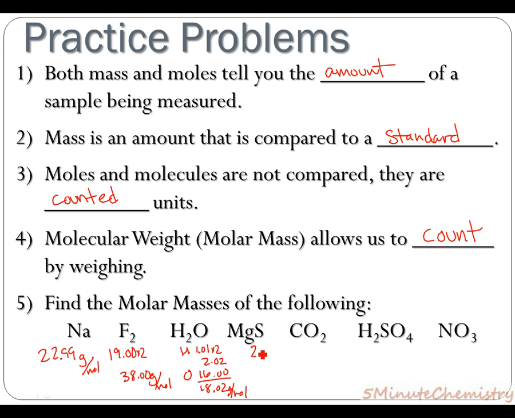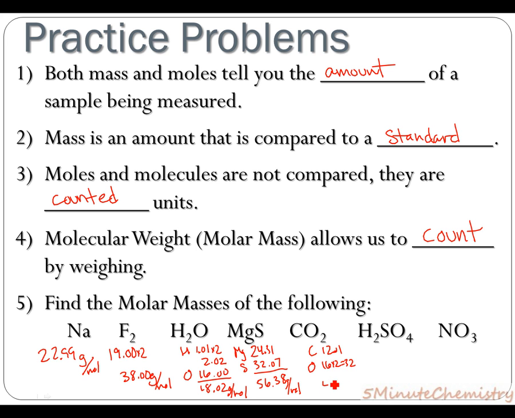So 24.31 for magnesium, sulfur 32.07. We'll add these up and we get 56.38 grams per mole.